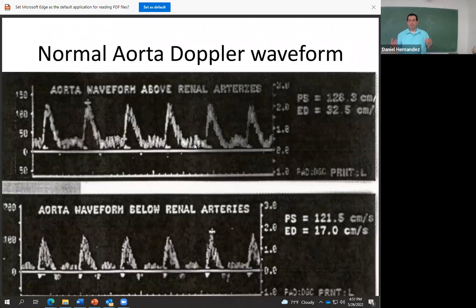Up here, some of that aorta blood goes into the celiac artery to the liver, an organ, from the celiac artery into the spleen, an organ, and to the stomach, an organ as well. Some of that blood flow is also perfusing the kidneys. So it has some of those characteristics of the renal arteries, the hepatic arteries, the splenic arteries. So we have blood flow going to the organs at that point.